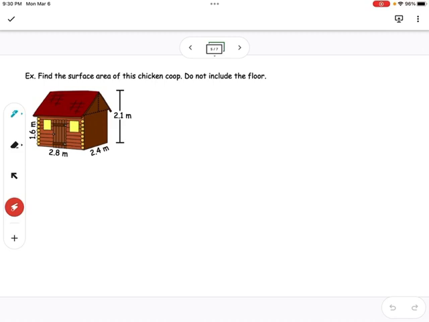So when we look at all of our different pieces, we have 2 rectangles as the roof. We have 2 triangles as the sides of the rooftop. And we have the front and back side of the chicken coop, and we have the 2 sides of the chicken coop.